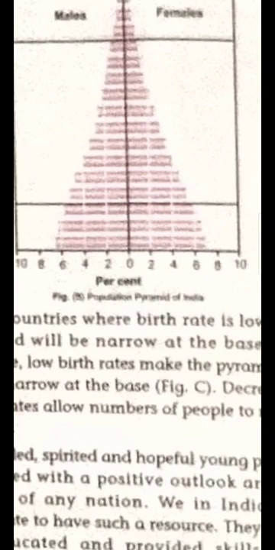So the working force is lesser in number, and then above 70 years again it becomes less. So this pyramid of India also shows that we are a developing country, and our pyramid is not very broad at the adult working class, as the number of people in that age group is not many.